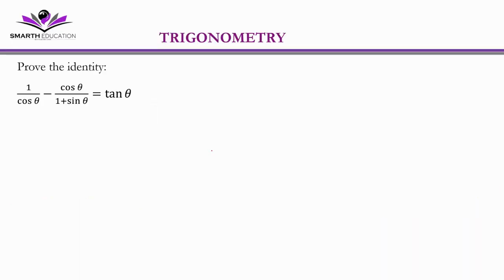Before we prove this identity, I want us to remember that cos squared theta plus sine squared theta is equal to 1. From this, we can see that cos squared theta is equal to 1 minus sine squared theta, and that 1 minus sine squared theta is equal to cos squared theta.